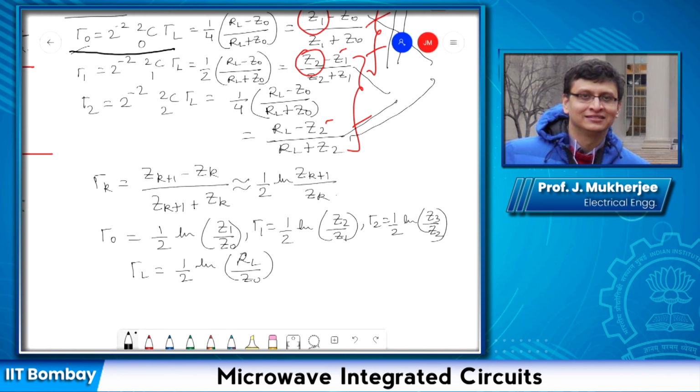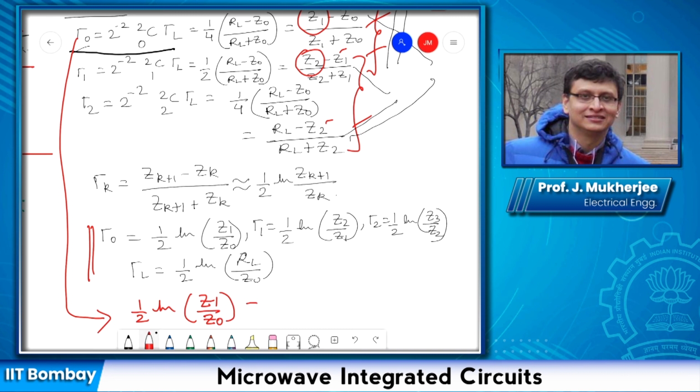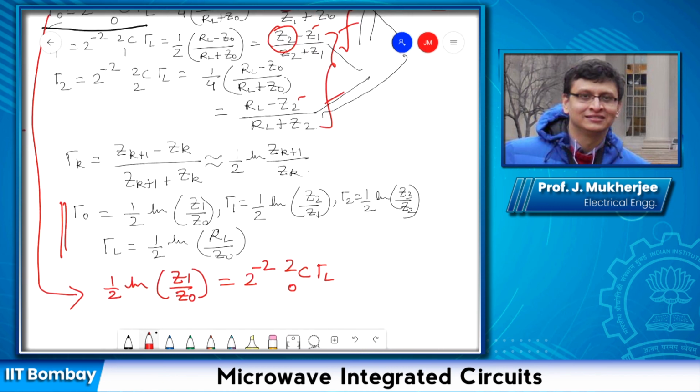In terms of these new gamma values that I have written, I can write it like this: half ln Z1 upon Z0 is equal to 2 raised to minus 2 to C0 gamma L, which is equal to 1 by 4 into half ln RL upon Z0.